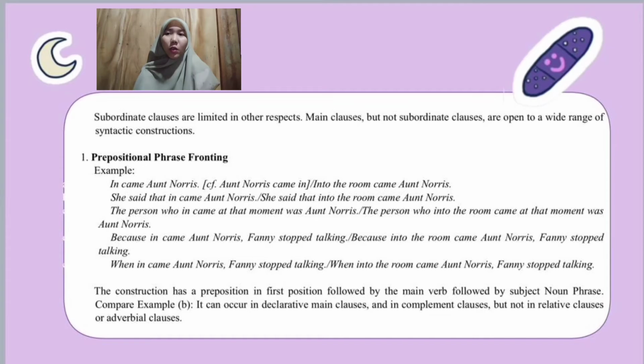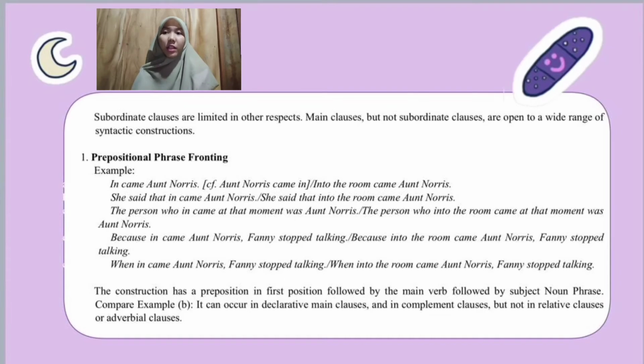D. Because in came Mr. Norris, Fanny stopped talking. Because into the room came Mr. Norris, Fanny stopped talking. And the last example, when in came Mr. Norris, Fanny stopped talking. When into the room came Mr. Norris, Fanny stopped talking.